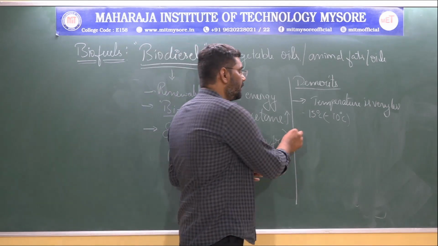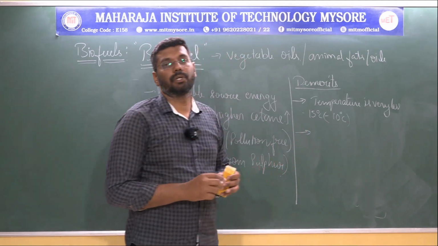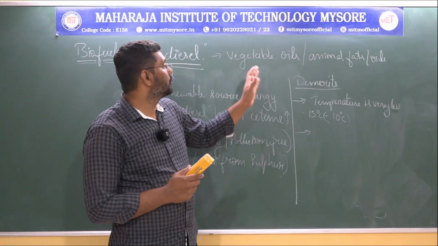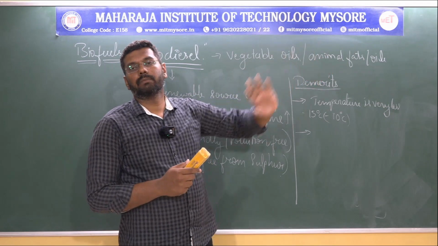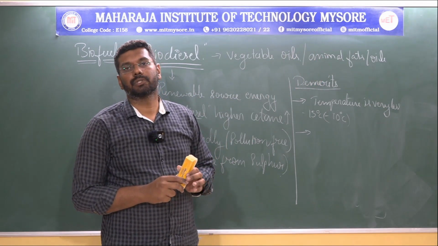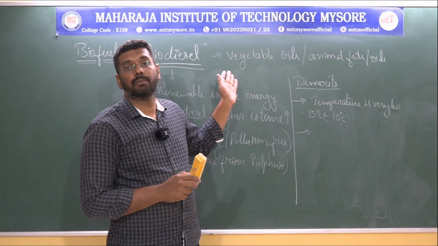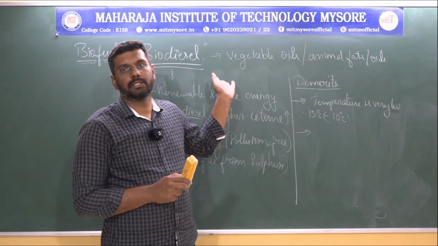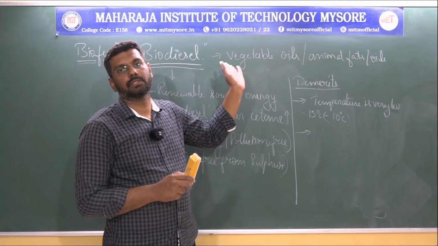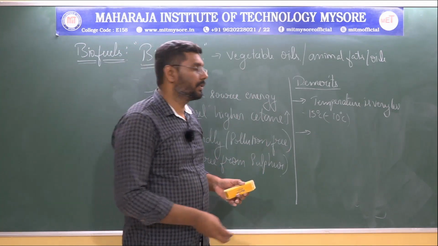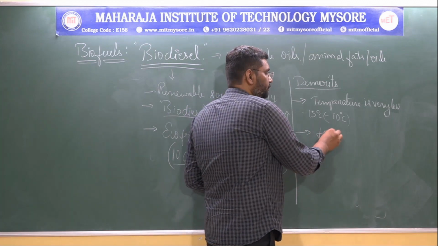The next demerit, that is disadvantage, of biodiesel is that for its synthesis we make use of vegetable oils and animal oils or fats as a major source. If we use vegetables as a raw material for the synthesis of biodiesel, then it will be a great competition for food.